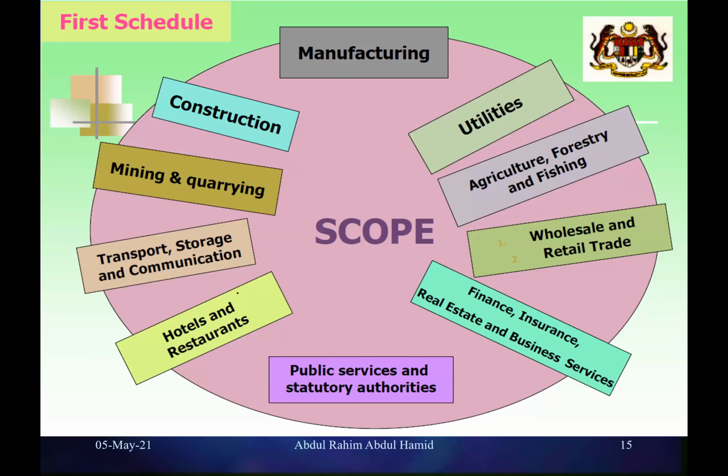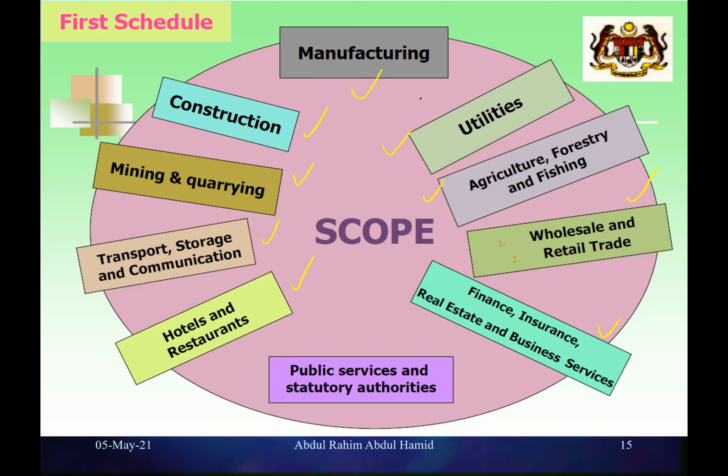Well, when we talk about the sectors in our economy in Malaysia, we do have manufacturing, construction, mining, storage, transport, hotel, restaurant, finance, wholesale trade, agriculture, utilities, and around 60% are under the category of services.